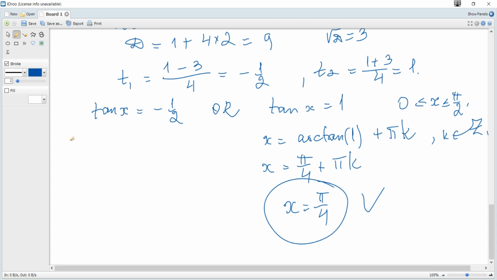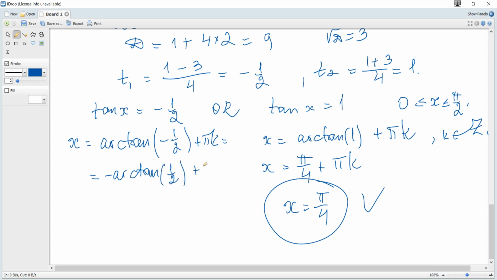And let's consider this. x becomes arctangent of negative a half plus pi k, general solution. It's arctangent of a negative value, it's an odd function, so it's minus arctangent of a half plus pi k.